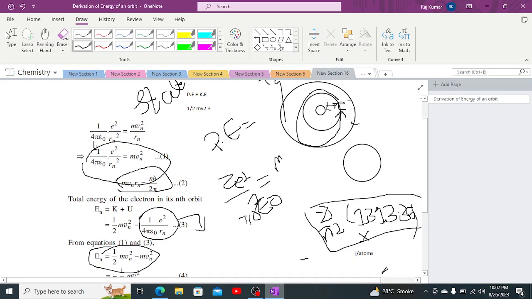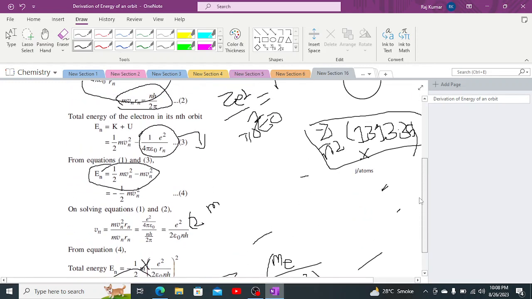The orbit which is far away from the nucleus has more energy, because it is away from the electrostatic forces of attraction, due to which it has more energy, more excitability to jump and react with another atom.